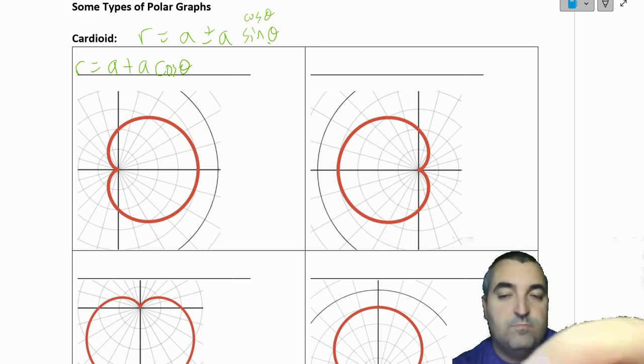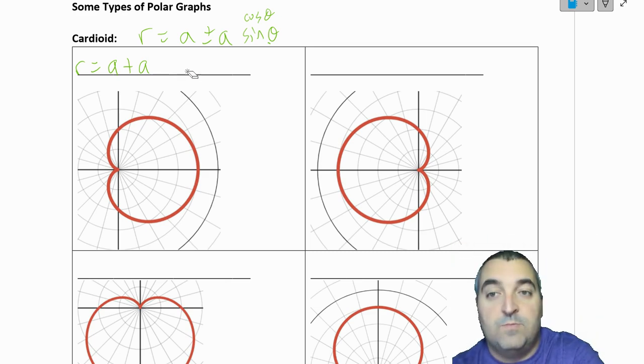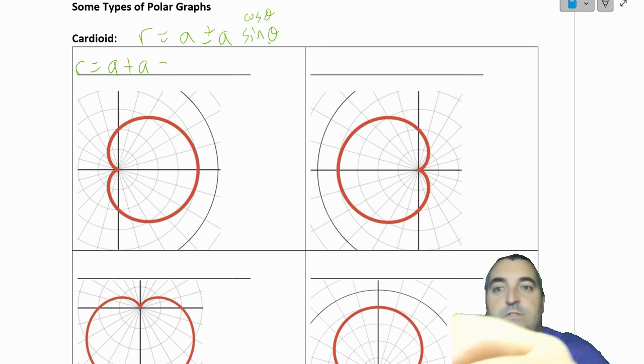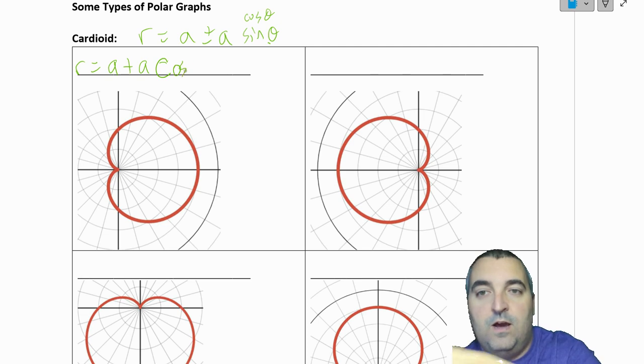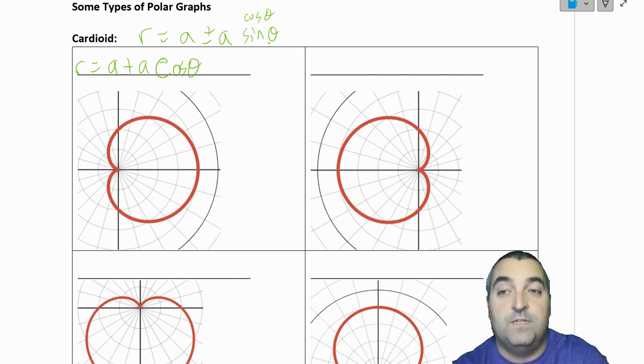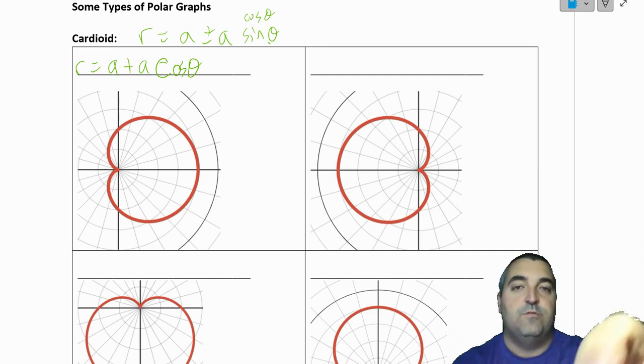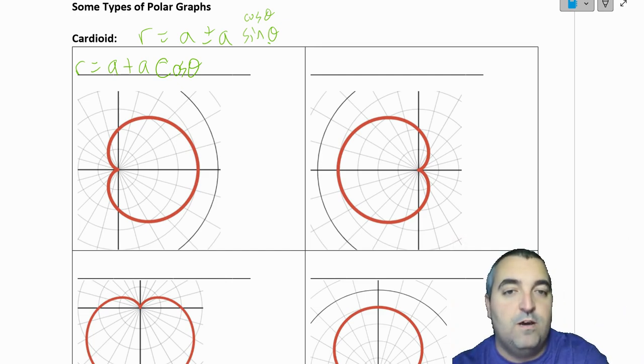So a and a would just be two numbers, but it's going to be cosine because it's horizontally based, right? It's a sideways heart instead of a vertical heart. And then it's a plus because it's more on the positive side. Now using that same logic, you might be able to tell me, oh, this one's horizontally based. It's a heart that's sideways, but now it's more on the negative side. So now it's going to be r equals a minus a cosine.